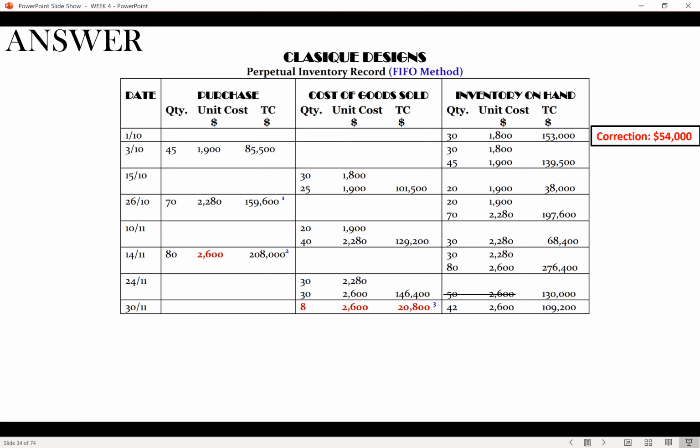So it's 8 at the unit price of 2,600, and we have a total cost there. Now our inventory on hand says what we actually counted: 42 pairs of shoes. I know that one might be a little challenging, but think about it a little more.